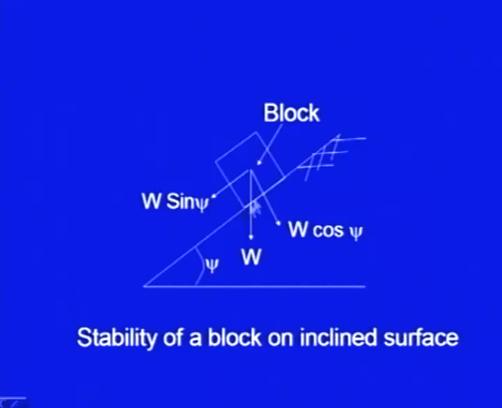But if this inclination becomes large, this actuating force is very high, the mobilized friction will take its ultimate value, equal to mu into R, and if the actuating force is more than mu into R, the block is going to slide.